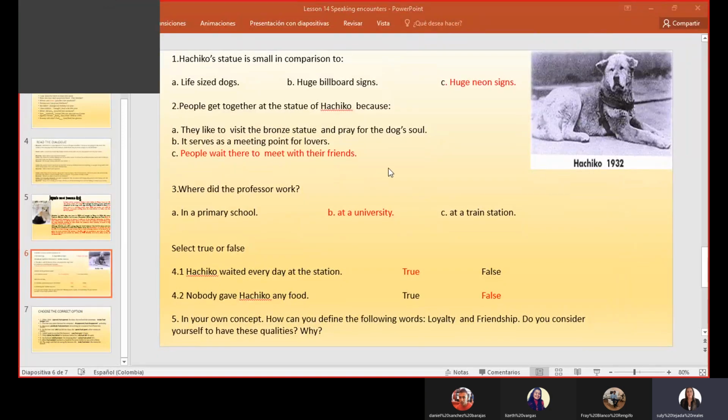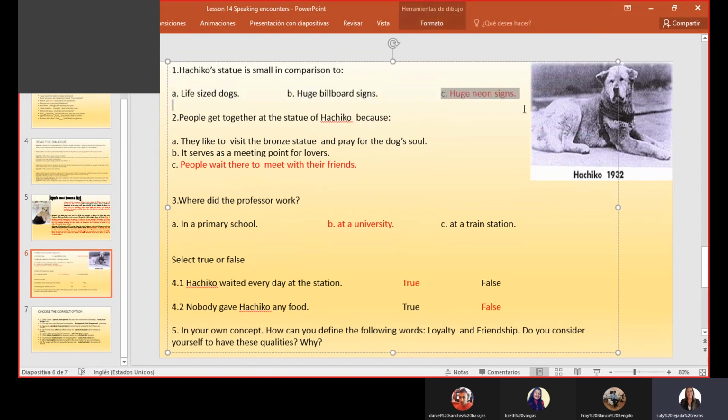Look at this. It's better, let me see. Here is the correct answer: neon sign. Y aquí miren, dejé todas las respuestas guardadas por equivocación. Oh my God.